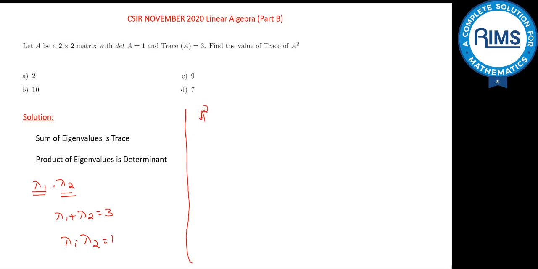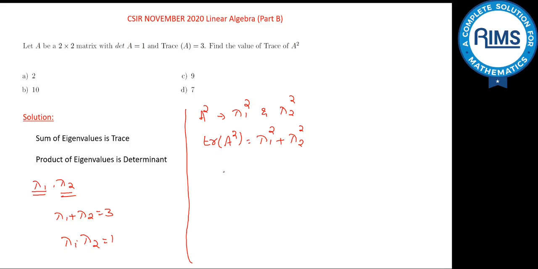We know that if lambda 1 and lambda 2 are eigenvalues of A, then eigenvalues of A square are lambda 1 square and lambda 2 square. And what is the trace of A square? Trace of a matrix is the sum of eigenvalues. Therefore trace of A square equal to lambda 1 square plus lambda 2 square.